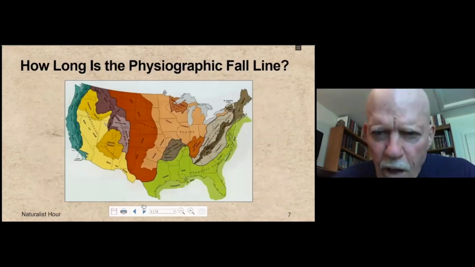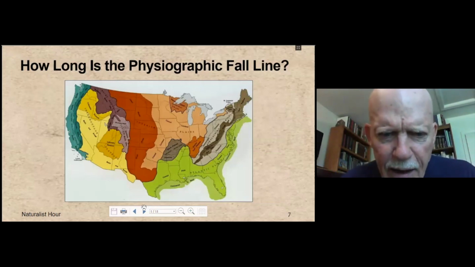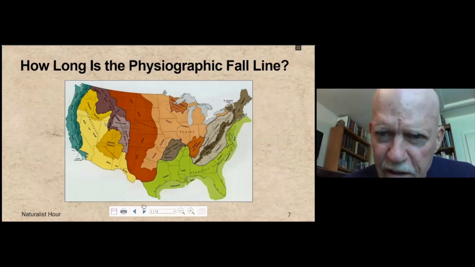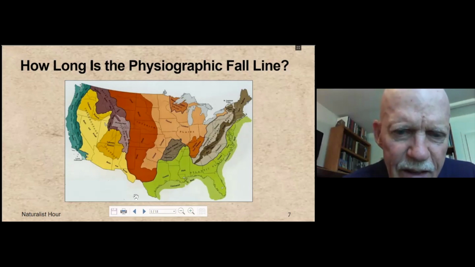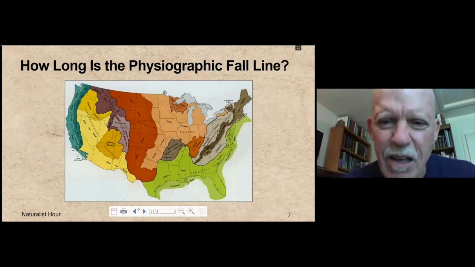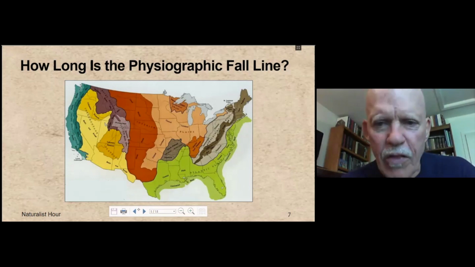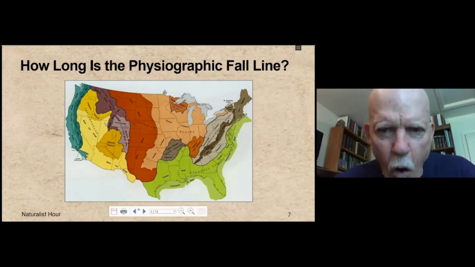Now, a question you might have is this physiographic fall line, well, how long is it? And the short answer is it goes from basically Cape Cod all the way down into Mexico. There's some equivalent to the situation of sedimentary layers overlapping onto hard rock.